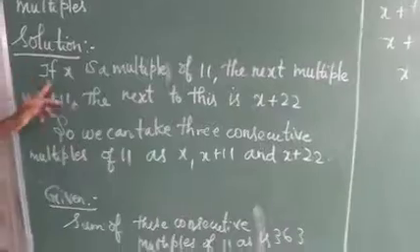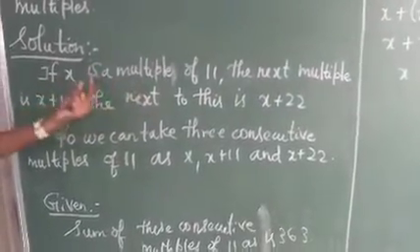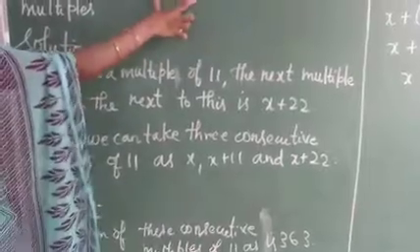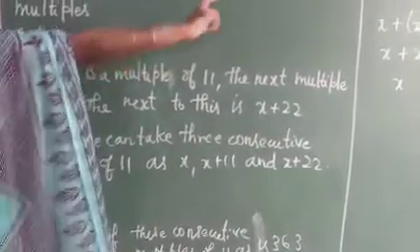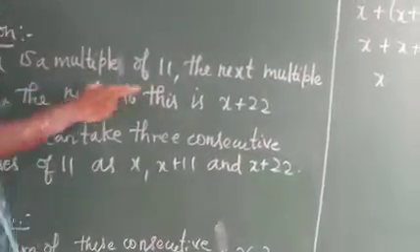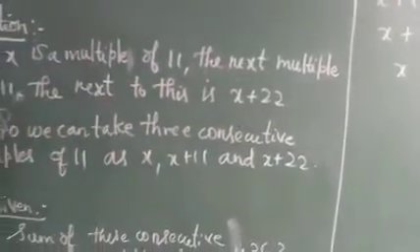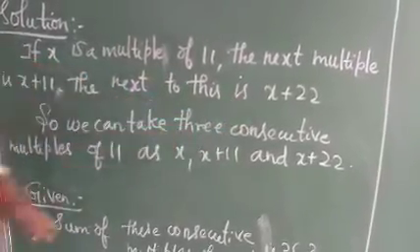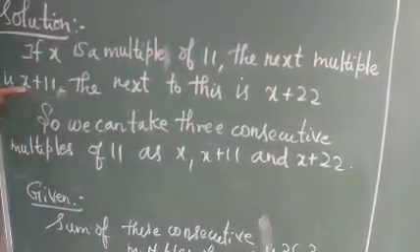Yes. So now you see, if x is a multiple of 11. So on the first number எனக்கு என்னன்னு தெரியாது. ஆனா clue என்ன கொடுத்திருக்காங்க அப்படினா the condition is the multiples of 11. So I am considering x as the multiple of 11. So the next multiple எப்படி இருக்கும்? x plus 11. So the another multiple is x plus 22. That means you are just adding 11 to this multiple.